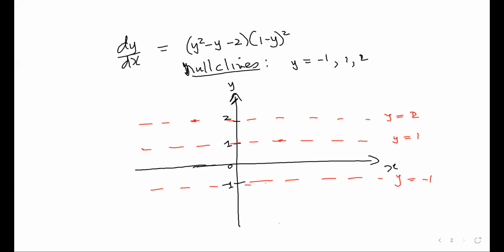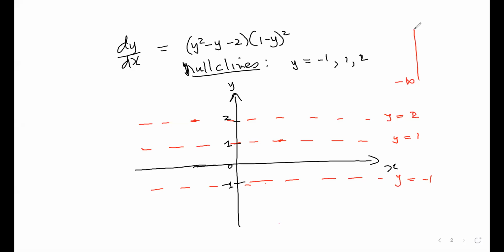But then by finding 3 Nullclines, we are looking at the interval for y, which is from minus infinity to infinity. By putting 3 lines there, we have now subdivided it into 4 sub-intervals.